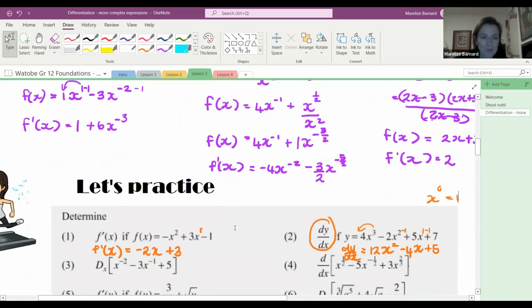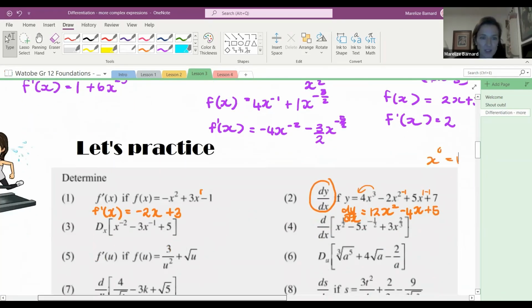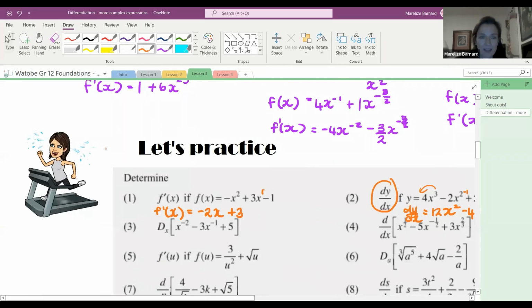Okay, so for question 3, that's everyone with an A. We don't have any B's in the house, so we're going to skip right ahead to C. So if your name starts with C, like Chandra, then you do question 4.